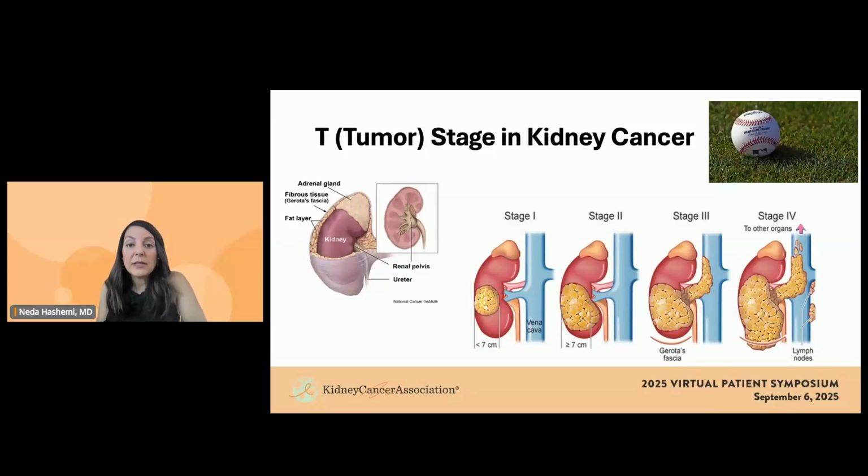Tumor stage 3 is when the tumor spreads to the nearby veins or fat in the tissue. So you see that the tumor is now going through the vein of the kidney, outside of the kidney. And the last one on the right is tumor stage 4, when the tumor grows even beyond the Gerota's fascia, the fascia that covers the whole kidney. So that's tumor stage 4, or if it goes to the adrenal gland, it's called tumor stage 4.